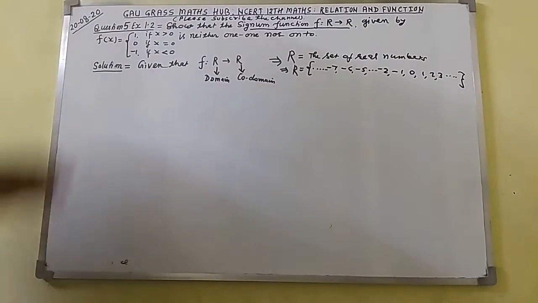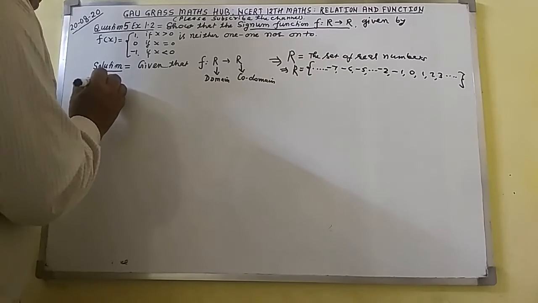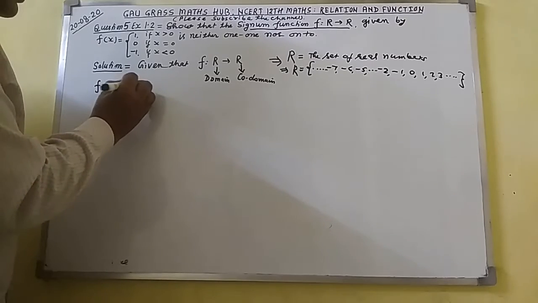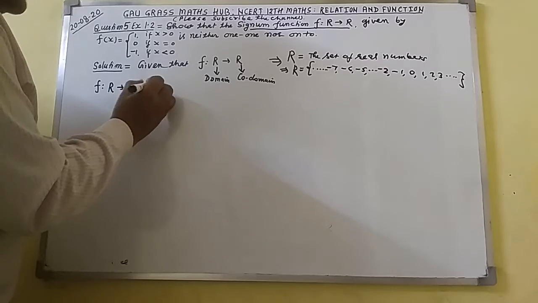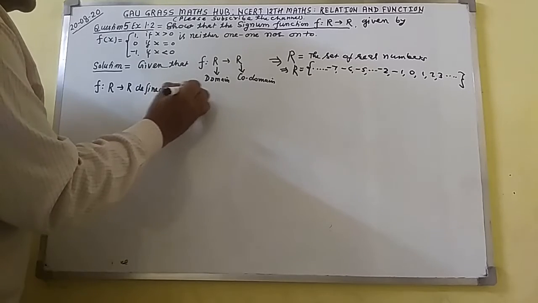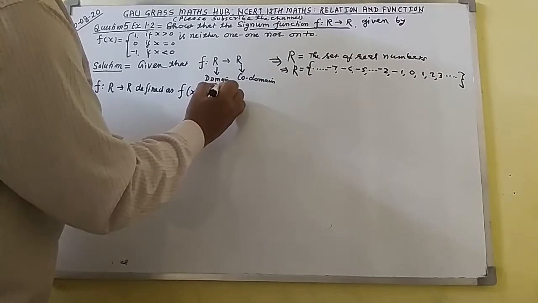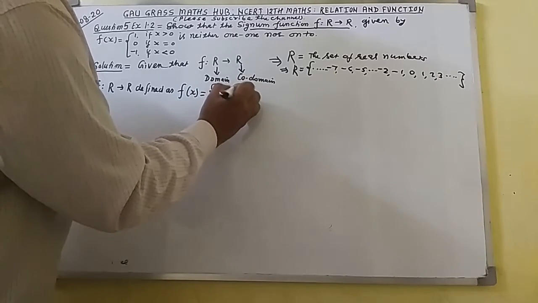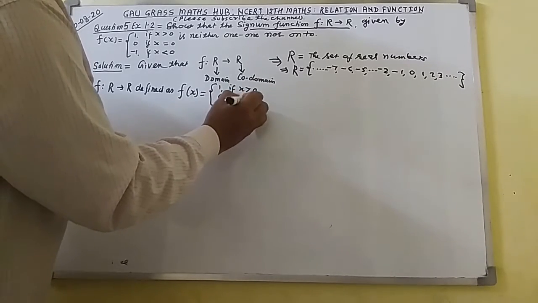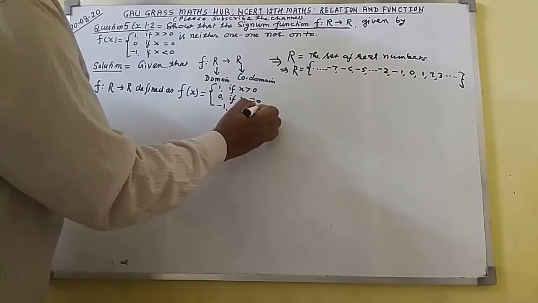Now here it says the signum function f: R → R is defined as f(x) = 1 if x greater than 0, 0 if x equal to 0, -1 if x less than 0.